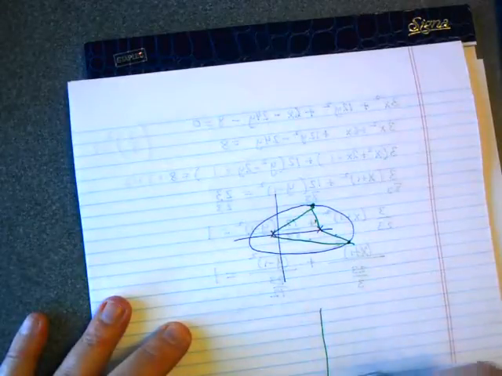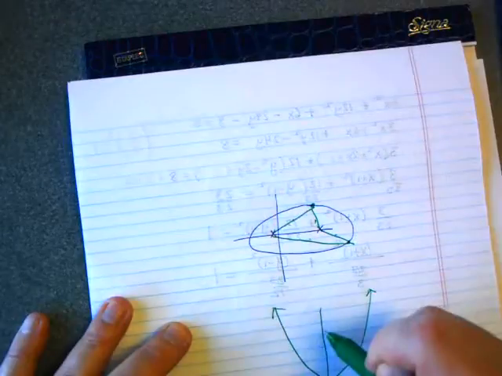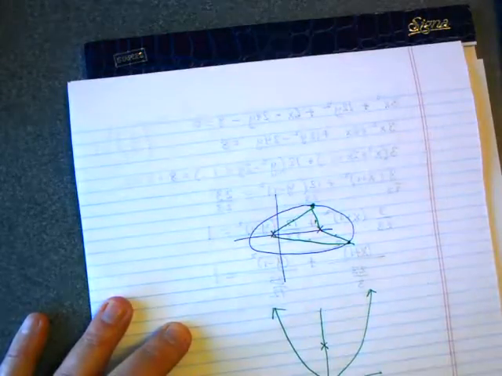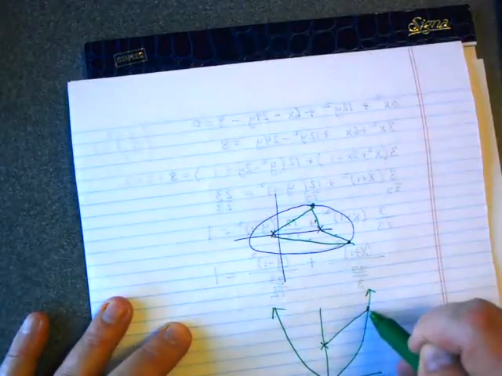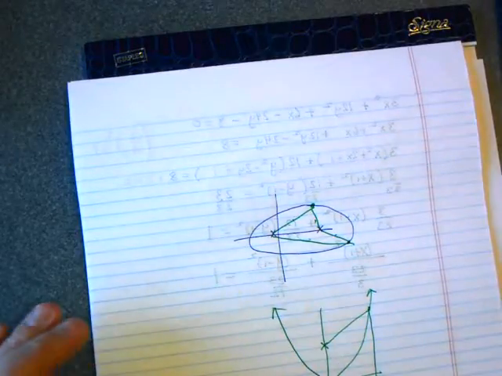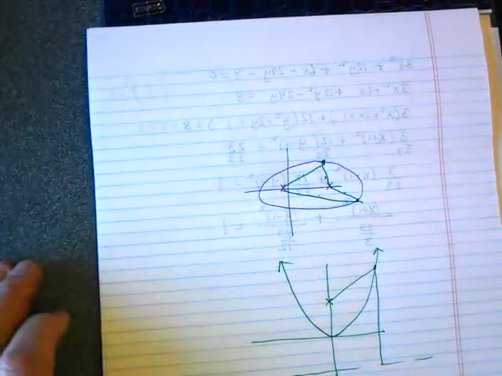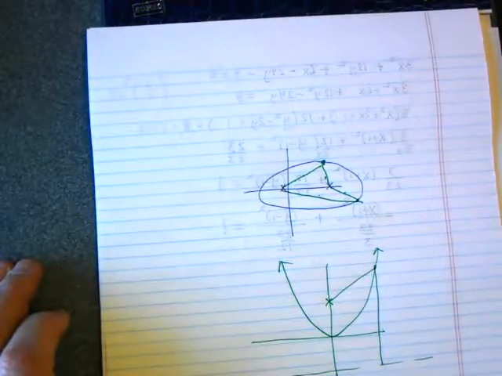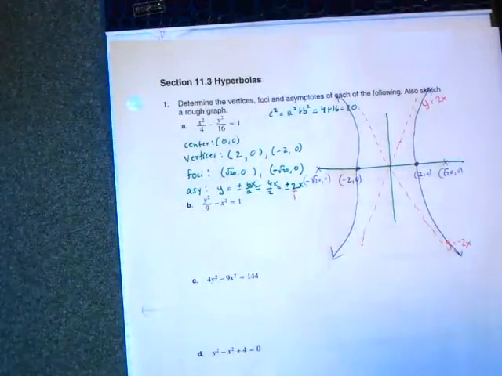On a parabola, you had a focus and you had a directrix, and this distance and that distance were supposed to be the same. They don't look it, so that's not a very good picture there. So that was the importance of the focus on a parabola. So what is it on a hyperbola? You want to know the truth? I don't remember.